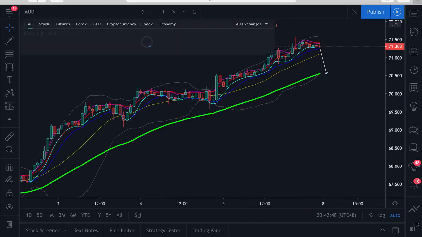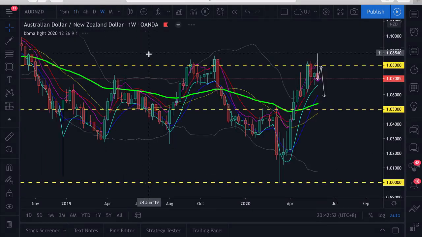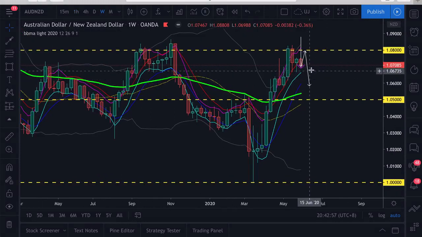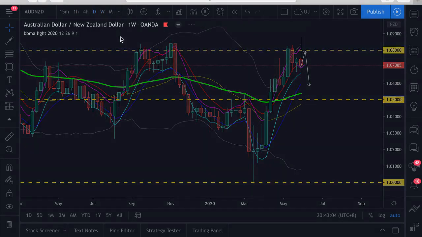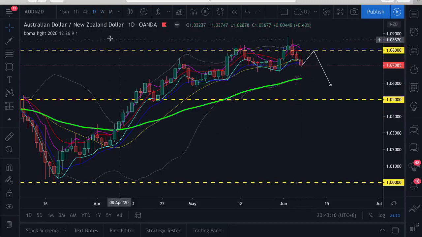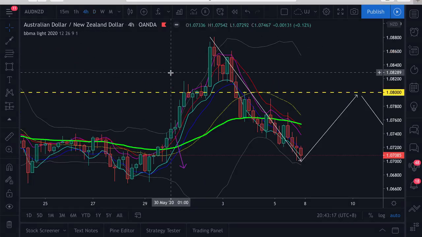Next pair is AUD NZD. Starting in the weekly time frame, currently we see that AUD NZD is at a re-entry sell zone. However, we think it's gonna retrace a little bit up. Let's look at the lower time frame. Currently price is making a CSAK sell on daily. However, we expect it to retrace back and continue to move downward.